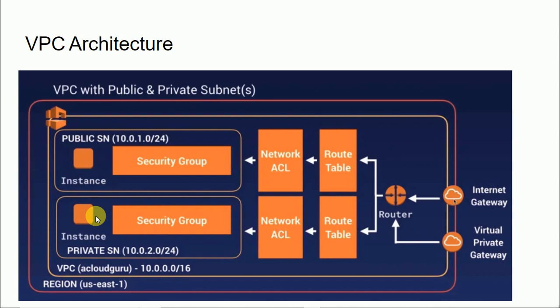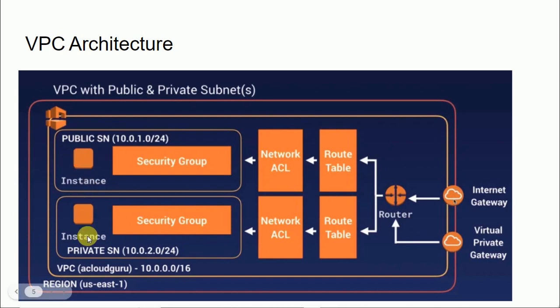The scenario which I have created since the last video: two subnets, one public, one private, a security group for each instance, ACL, route table, and internet gateway. So up to the public subnet we have come.